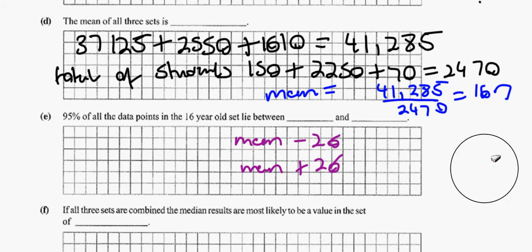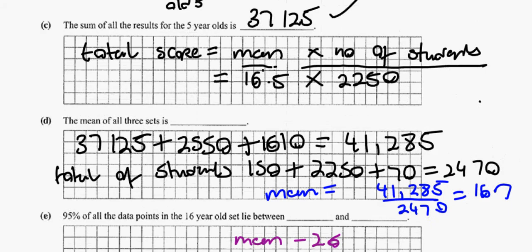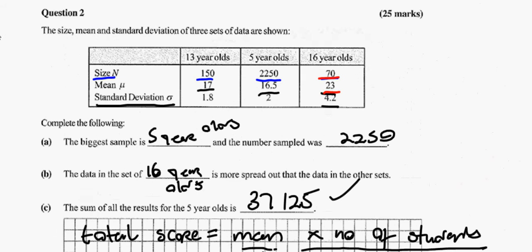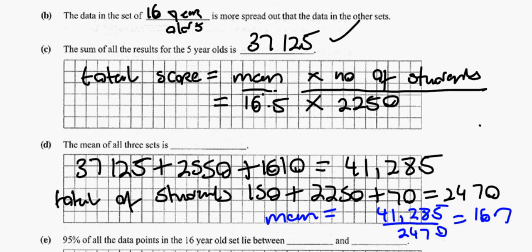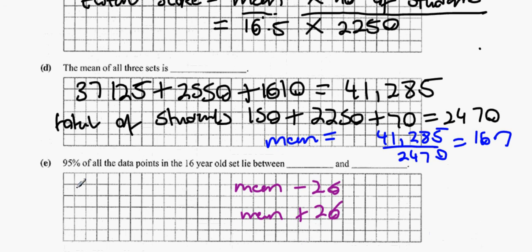Okay, so the mean for the 16-year-olds is 23 and the standard deviation is 4.2. So the mean is 23 and standard deviation is 4.2.